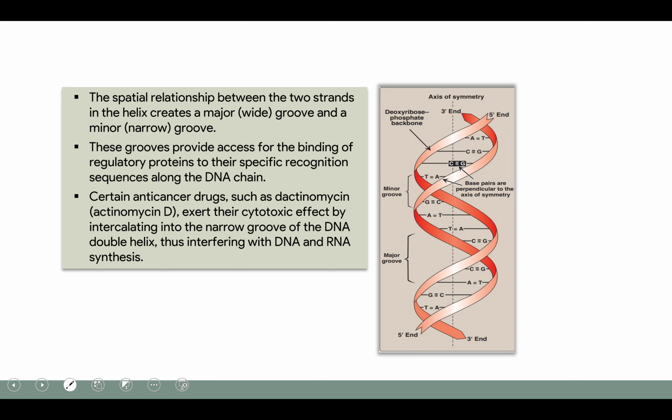The spatial relationship between the two strands in the helix creates a major groove and a minor groove. What is the significance of these grooves? These grooves provide access for the binding of regulatory proteins to their specific recognition sequence along the DNA chain.